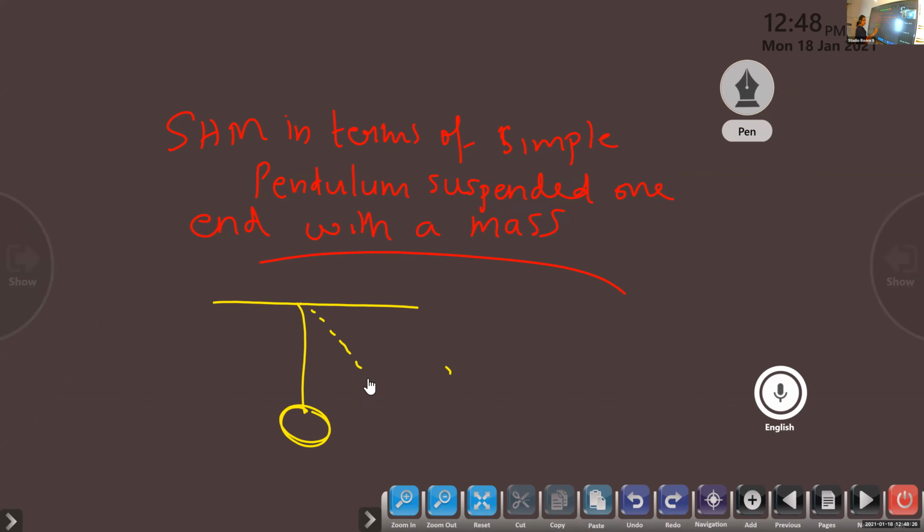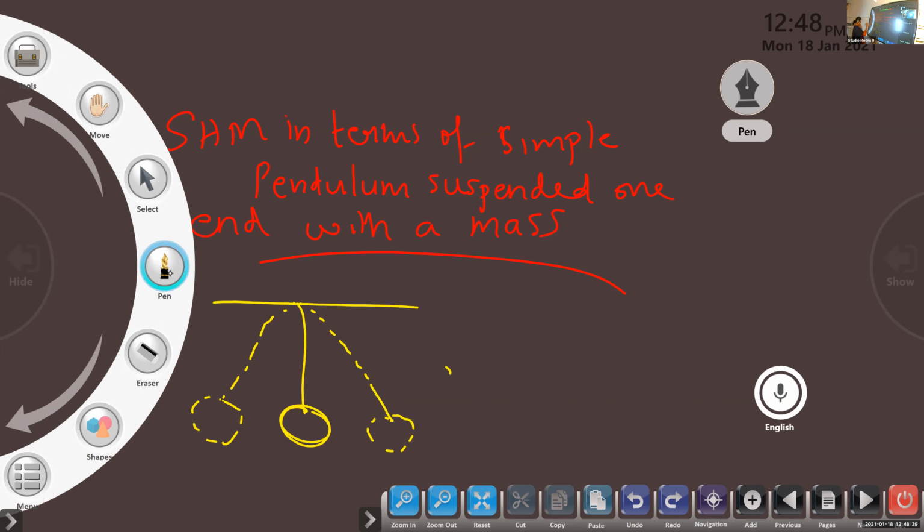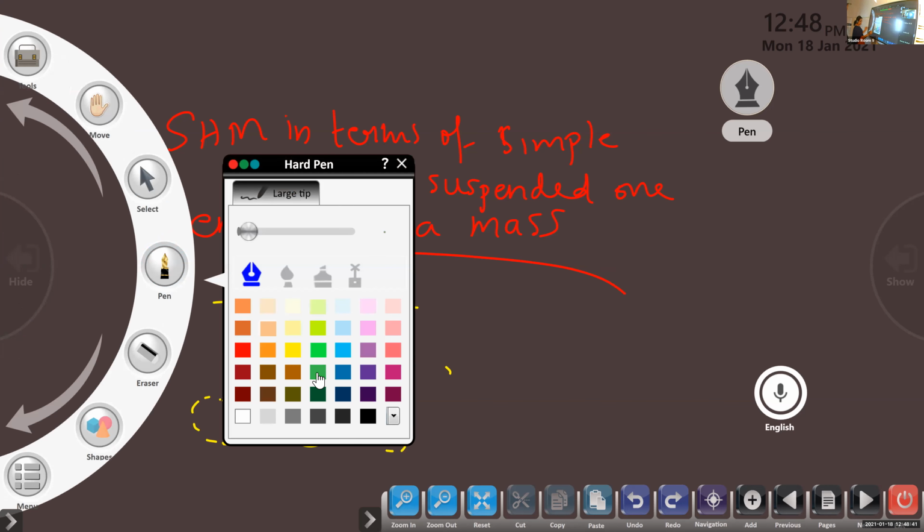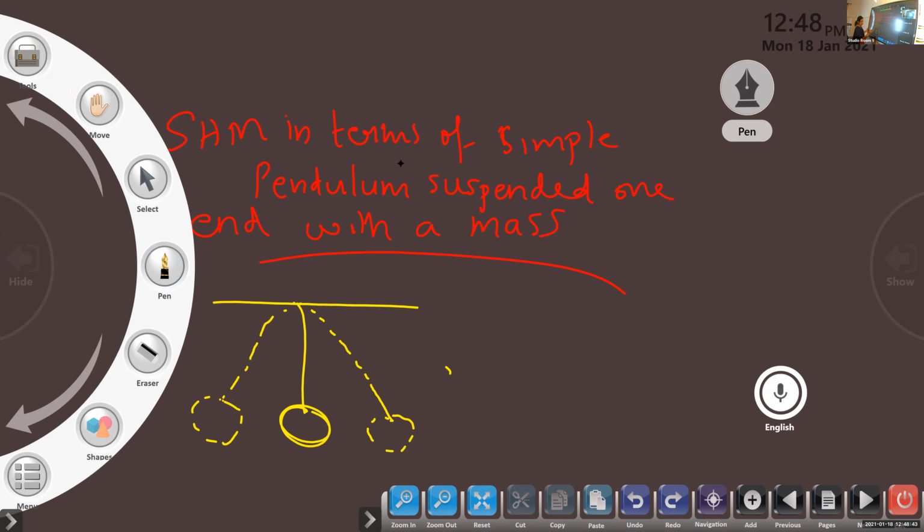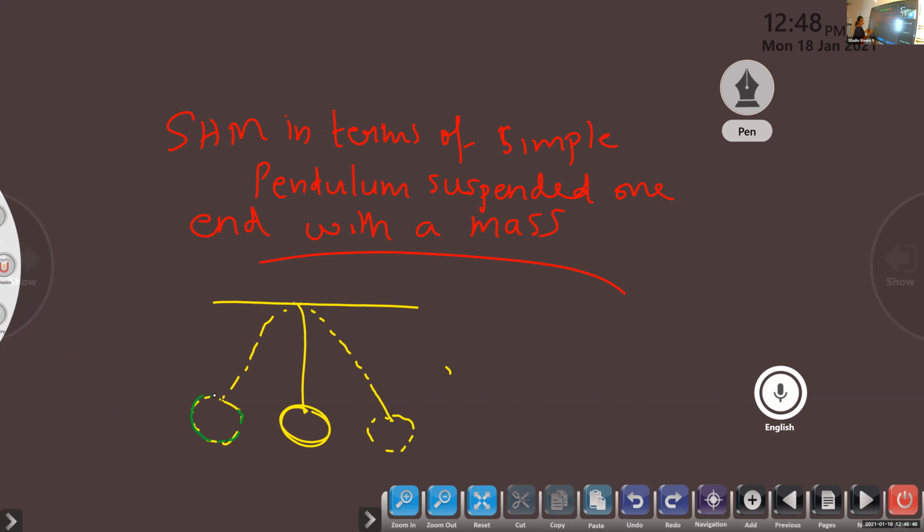And you can draw dotted lines, one going to the left extreme and another going to the right extreme. Same, the bob is going to the positive extreme and the negative extreme.